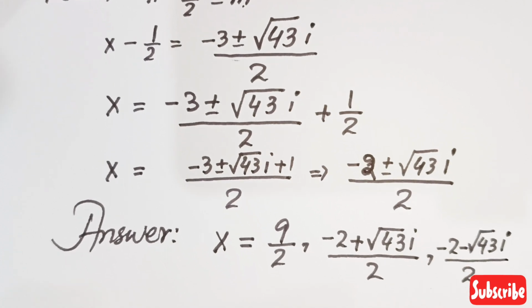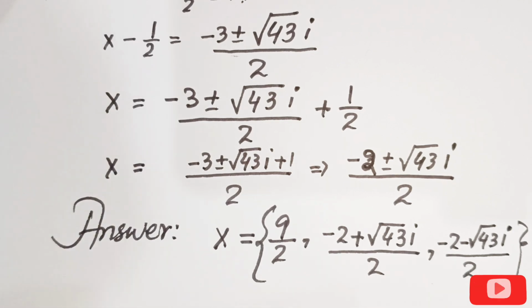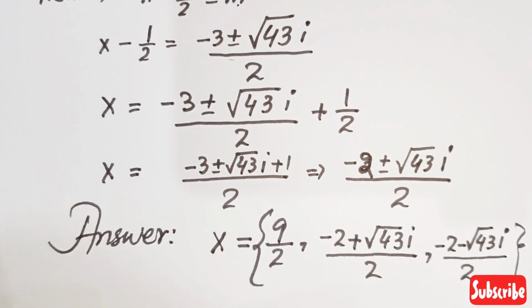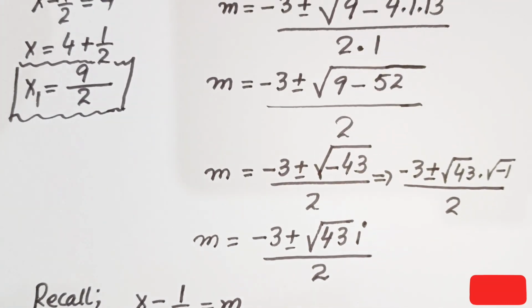So these are the solutions of x for this problem that we have just found out. Now checking our problem step by step here. It was our first solution, that is x1.